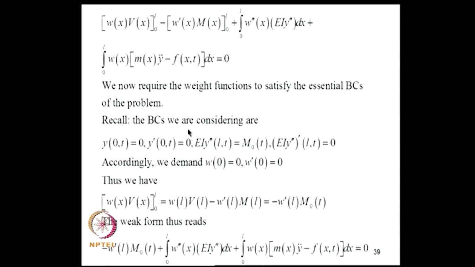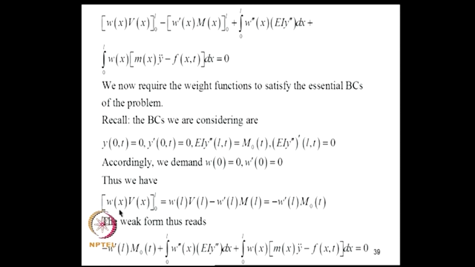Recall, the boundary conditions we are considering are y and y prime are 0 at x equal to 0, and at x equal to L we have M naught applied bending moment and shear force which is 0. Now, we demand that at x equal to 0, w of 0 and w prime of 0 are 0. So, this is similar to the virtual displacement concept, where virtual displacement conforms to the prescribed boundary condition. So, these weight functions must also conform to the prescribed boundary condition.